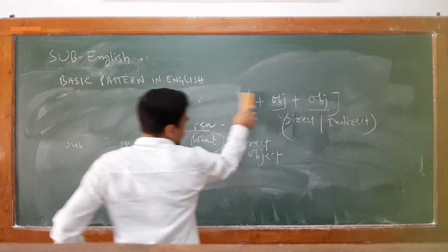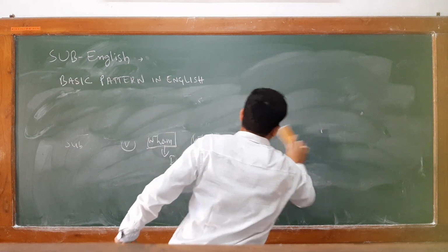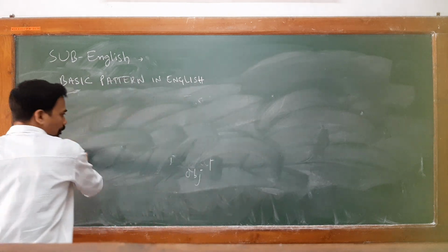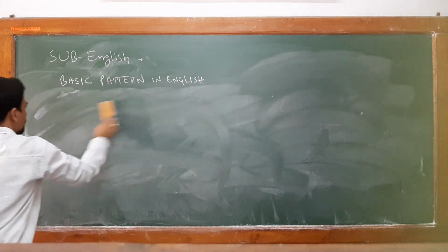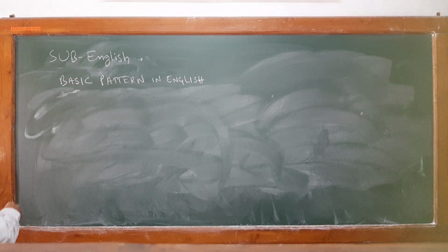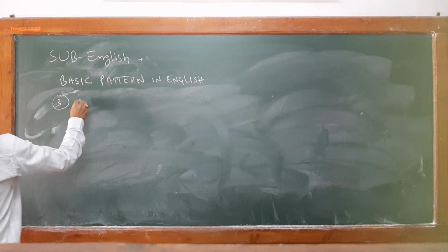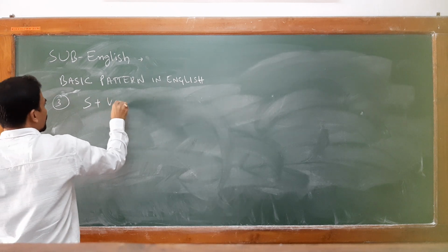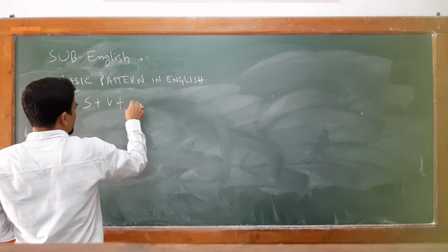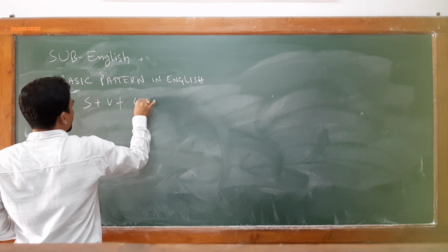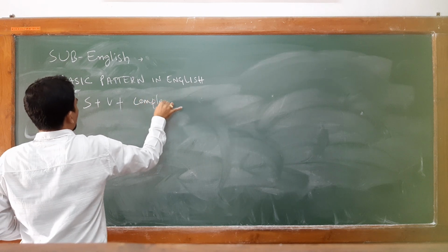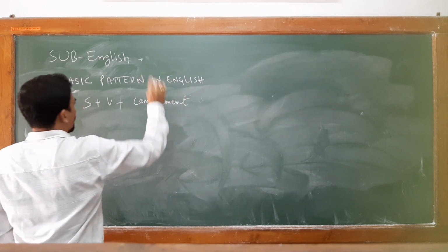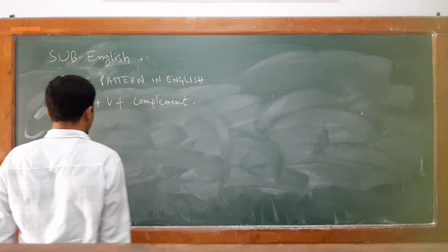Now the third basic pattern, you see. I hope you are able to understand the second basic pattern, how in a sentence more than one object can also be there. Number three: S, V plus complement.